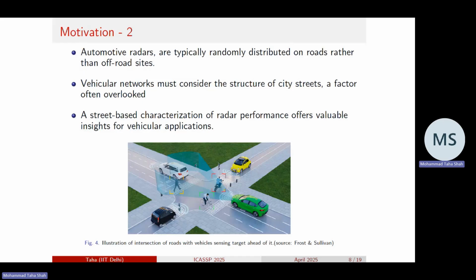However, as the number of vehicles equipped with radar grow, mutual interference becomes a significant issue. Current models often assume simplistic highway scenarios or uniform distribution of vehicles, which do not reflect the complexity of real-world environments. So our work aims to bridge this gap by incorporating street geometry into radar performance analysis.